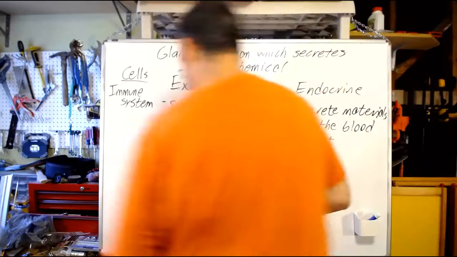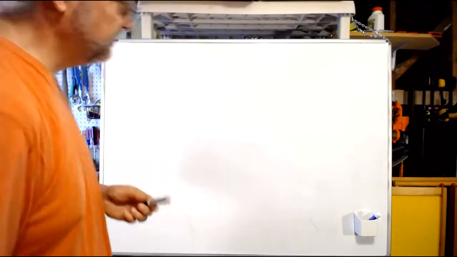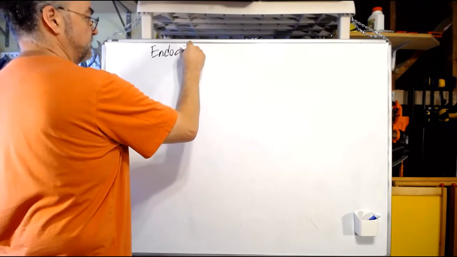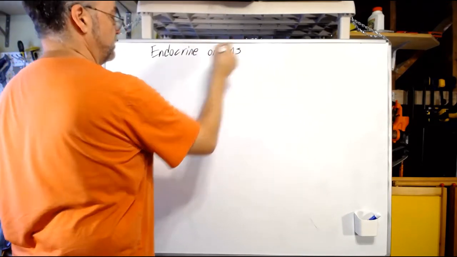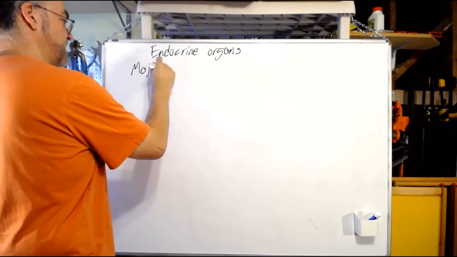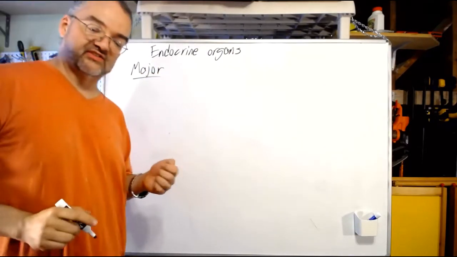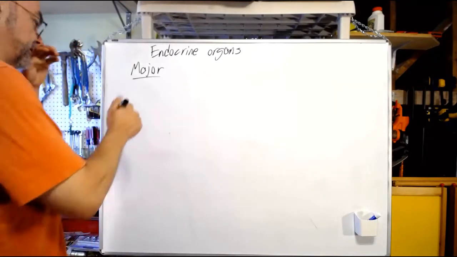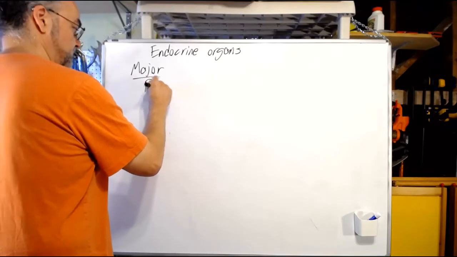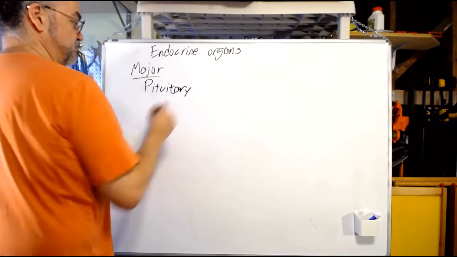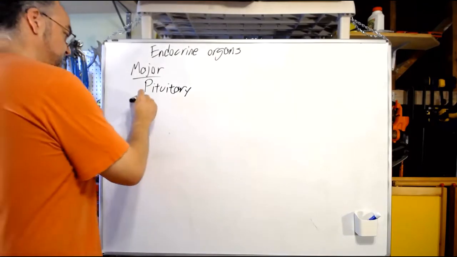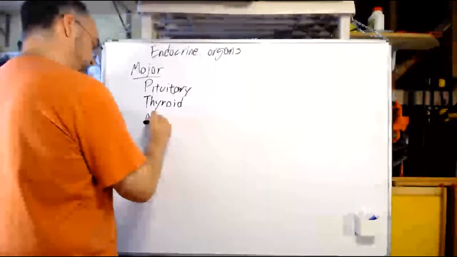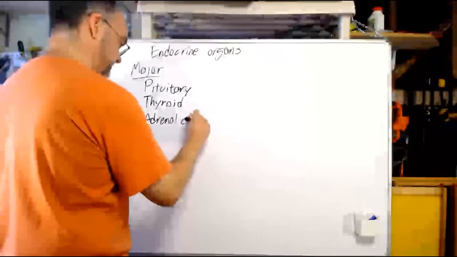So, let's take a second here to erase. And let's talk about endocrine organs. So if we were going to make a list of major endocrine organs, glands that everyone agrees are definitely part of the endocrine system, we would include things like the pituitary gland, the thyroid, the adrenal cortex.